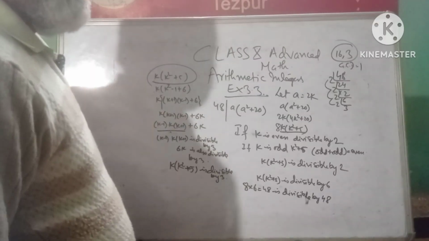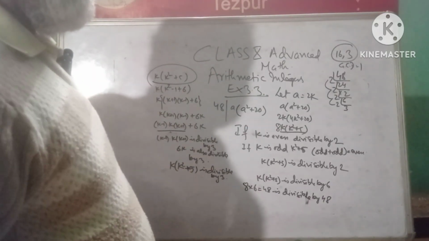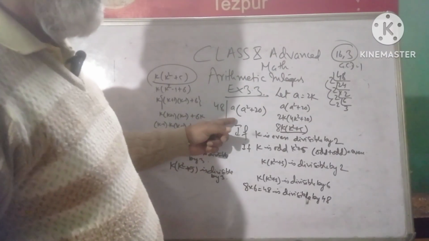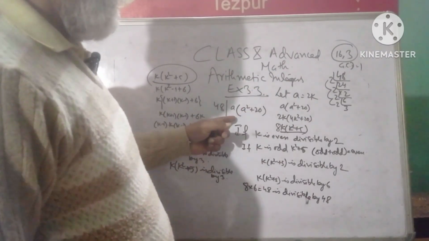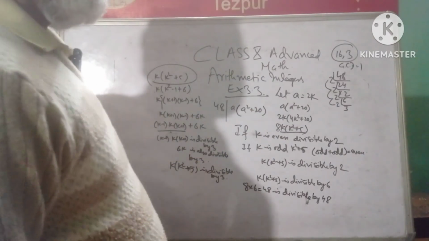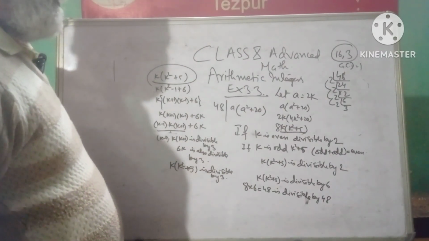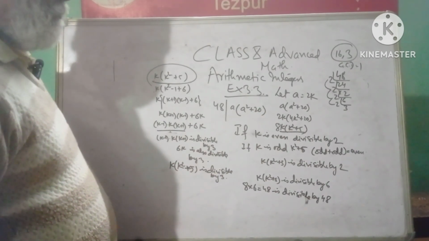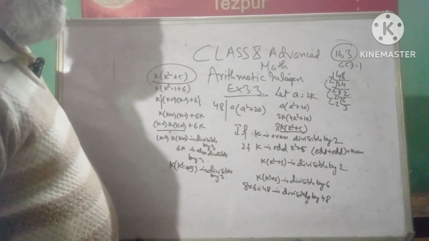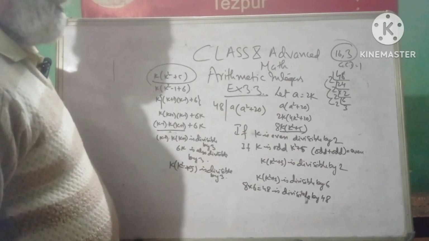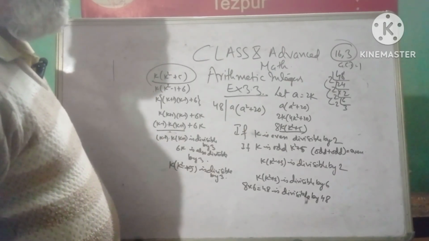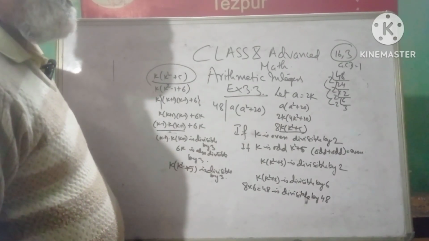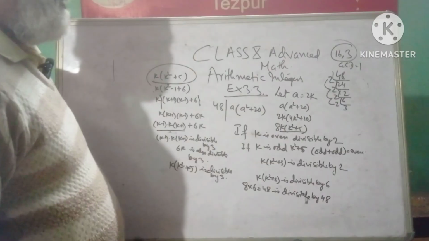So most of the students follow this procedure: they first prove that this is divisible by 16, and then they prove that this is divisible by 3, and since the GCD of 16 and 3 is 1, it is divisible by 48. But in this case, taking divisible by 16, that means you are applying Euclid's division, the division algorithm.